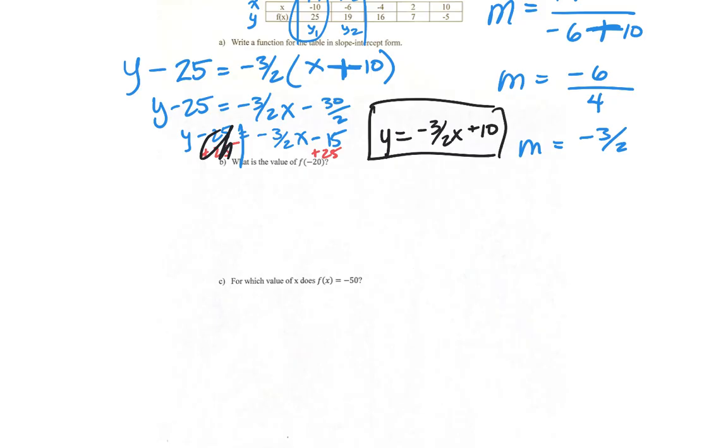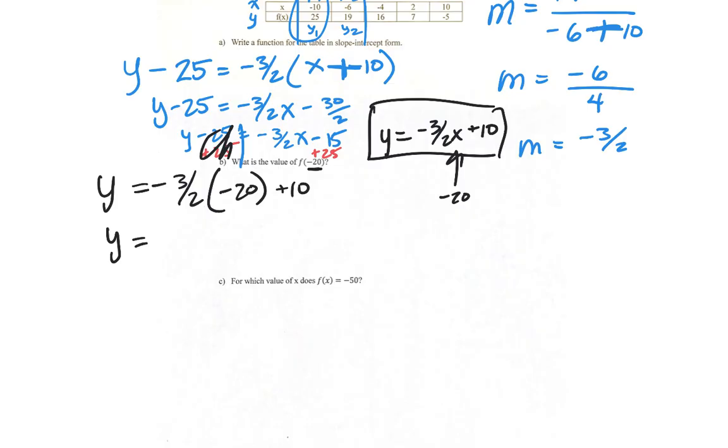What is the value of f of negative 20? Well, remember how if it's in the parentheses, that's your input. So put a negative 20 in there. Y equals negative 3 halves times negative 20 plus 10. Negative 3 halves of negative 20, it's a negative and negative, so it's going to be a positive. And 3 times 20 is 60, so it's going to be 60 halves plus 10.